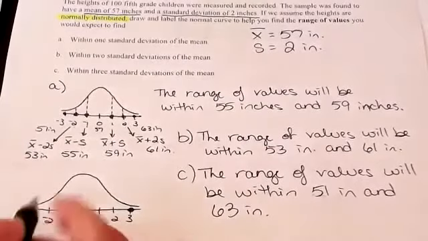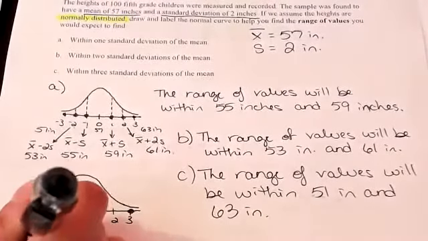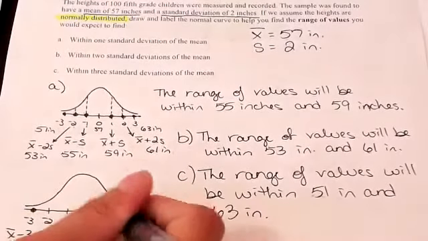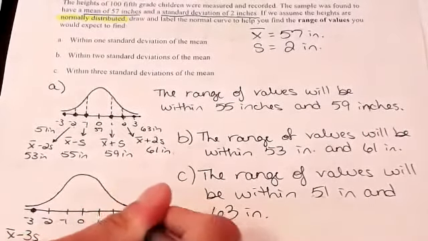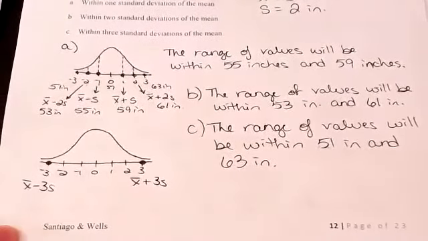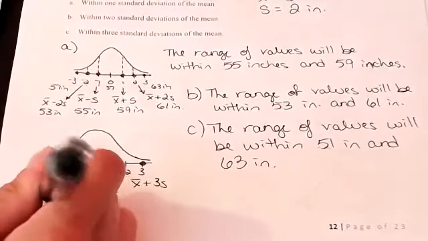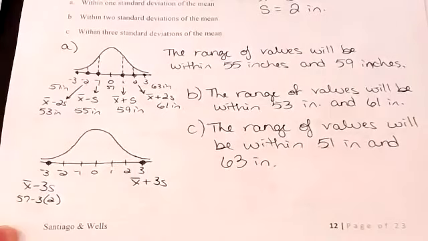So mathematically, that means we have our mean and we're going to subtract 3 standard deviations. And then we have our mean, and we're going to add 3 standard deviations. So that's essentially what that's saying here. So we've got our mean, which is 57, minus 3 standard deviations, and each standard deviation is 2.